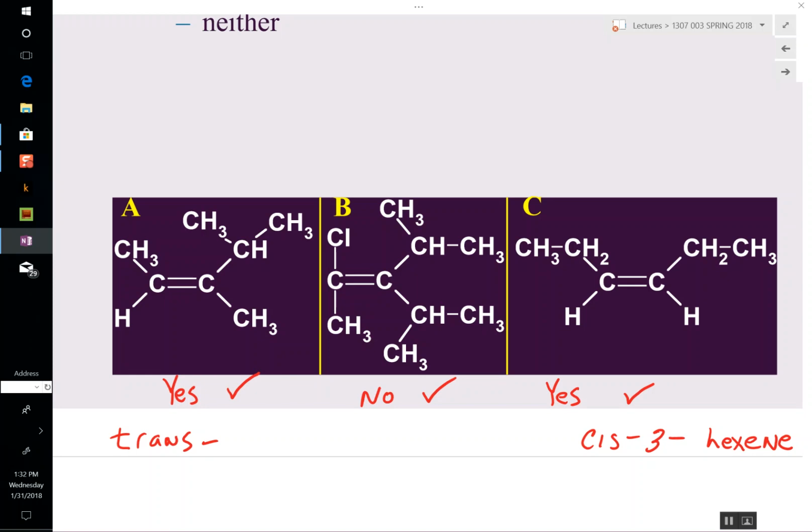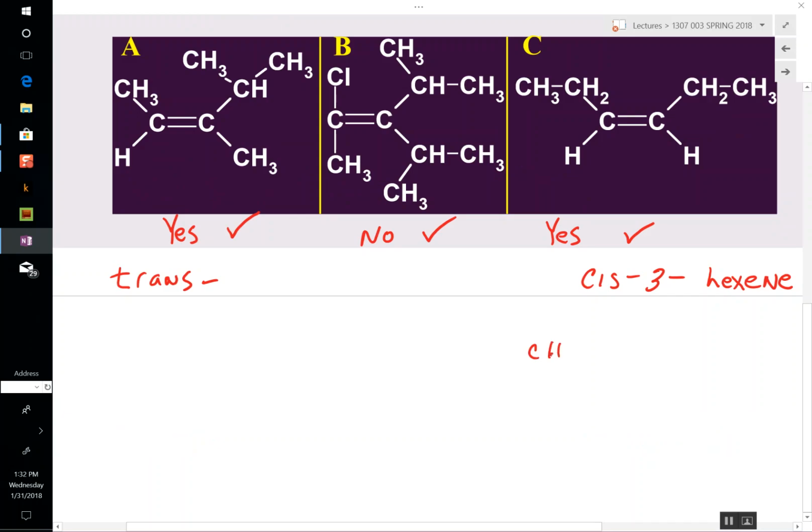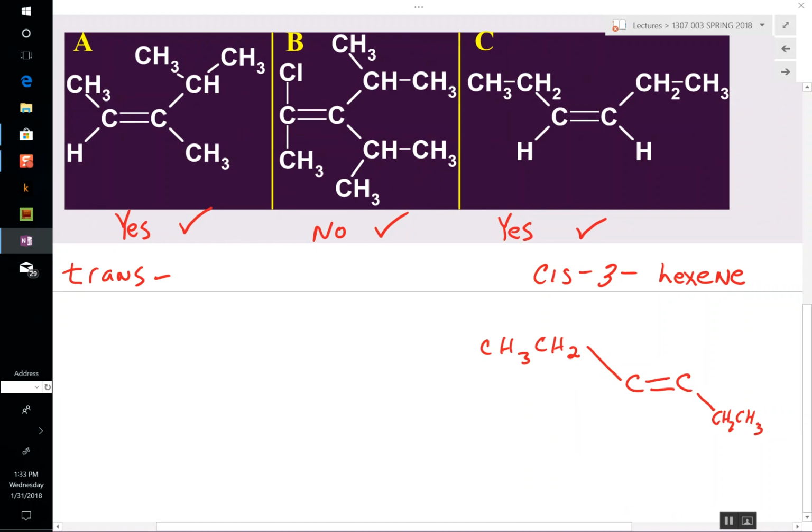And so to contrast that, if I had this molecule, there would be trans. That's trans-3-hexene.